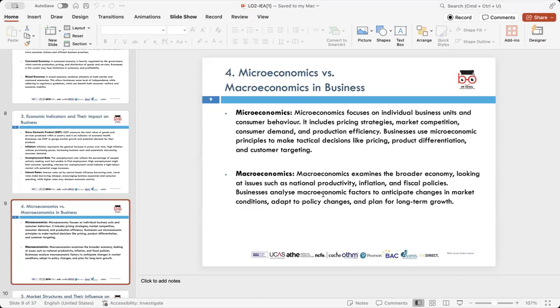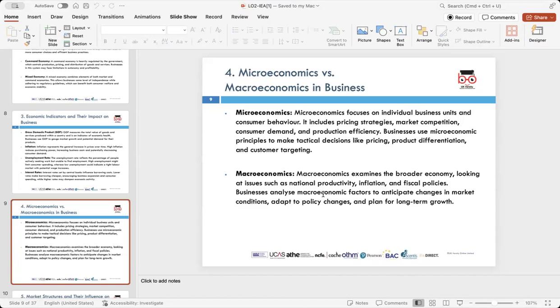On the other hand, macroeconomics looks at the broader economy, including national productivity, inflation, government policies, and global trade. Businesses must analyze macroeconomic factors to anticipate market conditions, adapt to policy changes, and plan long-term strategies.